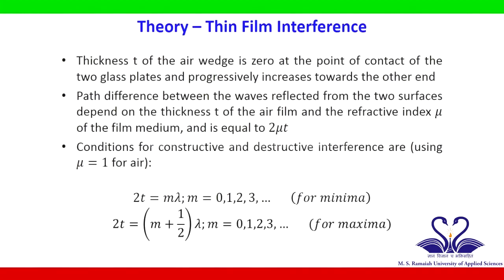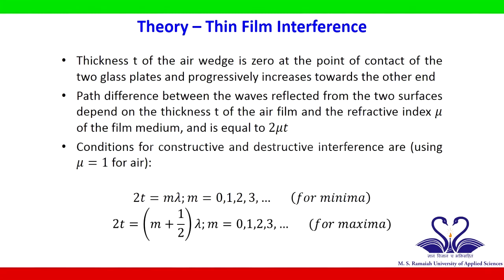The thickness of the air wedge increases along the length of the air wedge. The path difference between the light waves reflected from the two surfaces is equal to 2μt, where t is the thickness of the air wedge and μ is the refractive index of the medium.